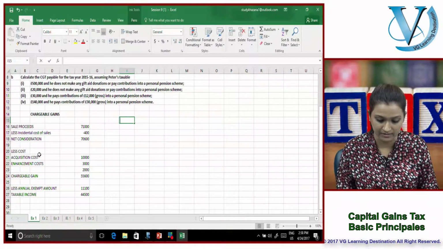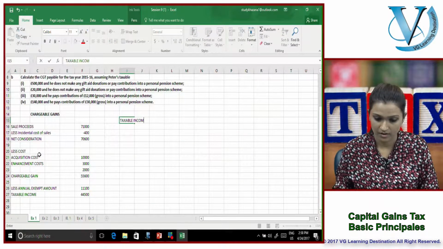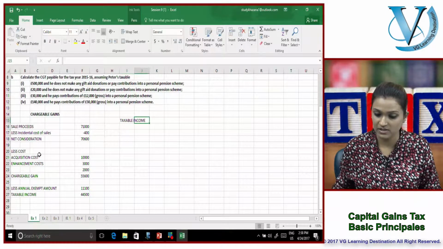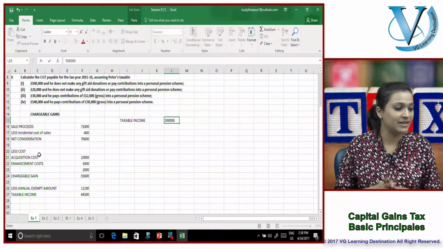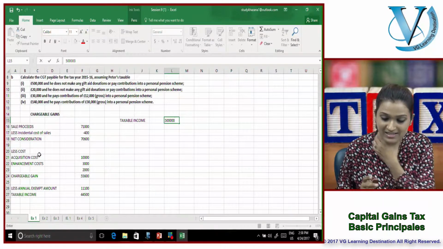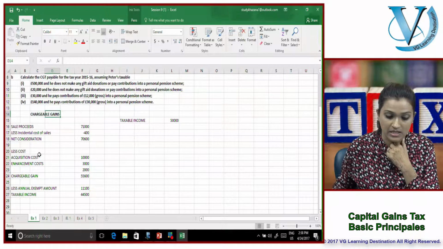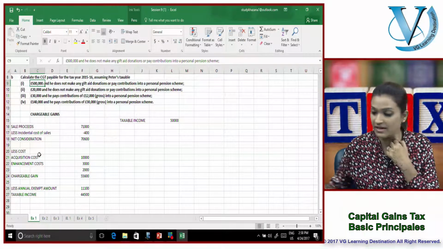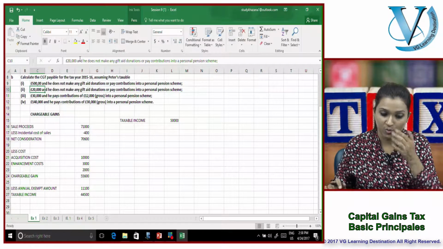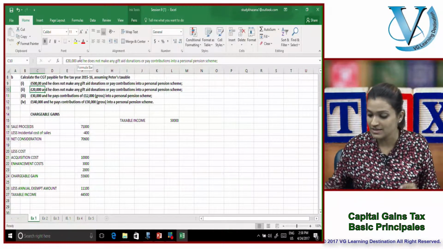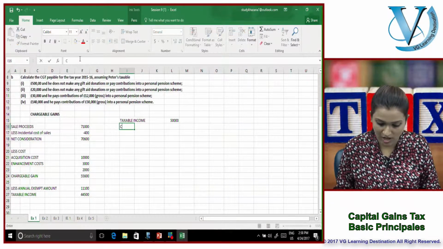Sorry, the question says it should be 50,000 pounds instead. Let me just correct it. Assuming it is 50,000 pounds, because now your level is taxable income plus chargeable gain.